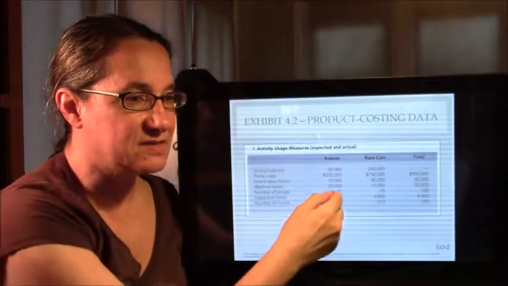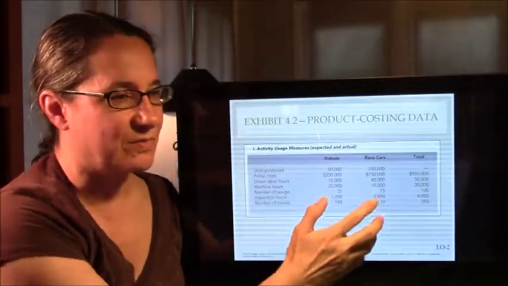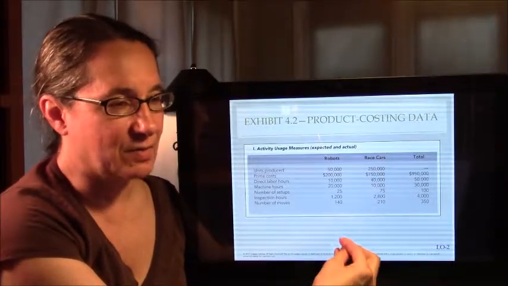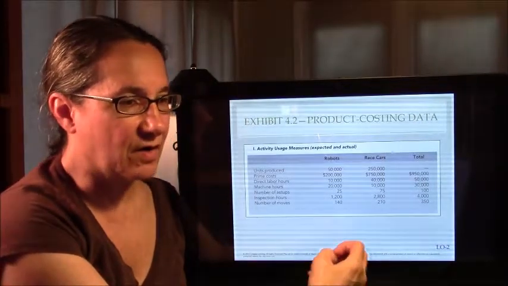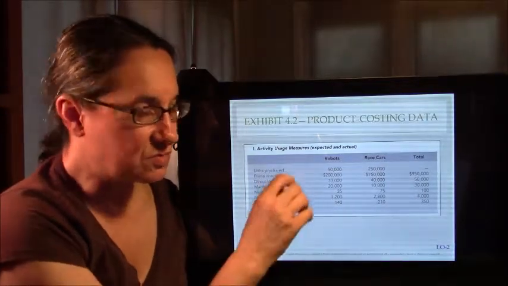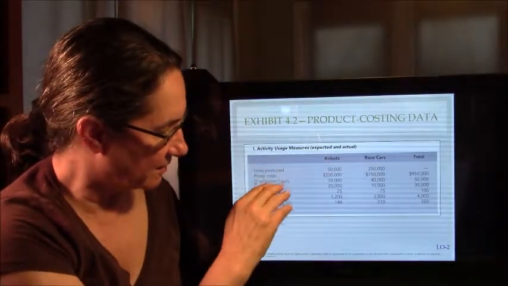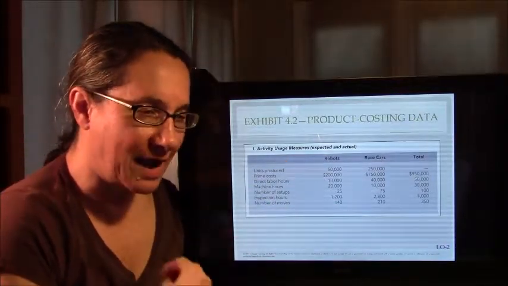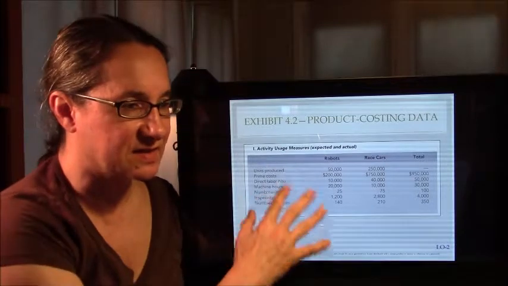So here's the activities. Prime costs we're not going to worry too much about, because quite frankly, we can trace our direct labor and our direct materials. What we're really concerned with in terms of overhead is, how does the volume affect things like machine hours?